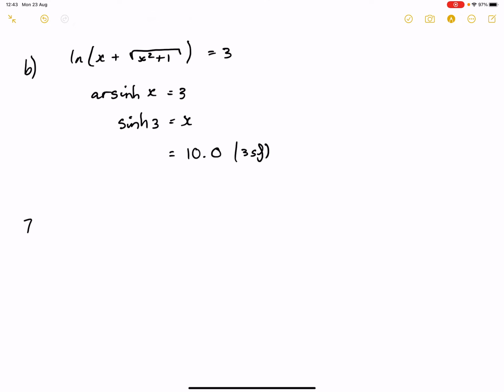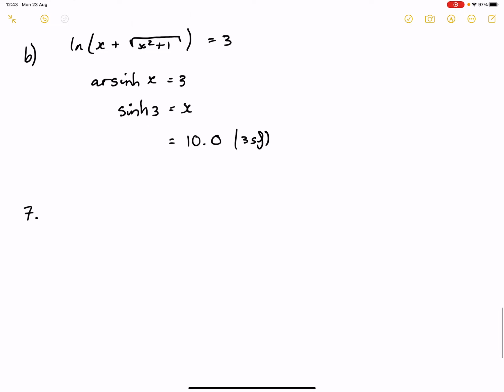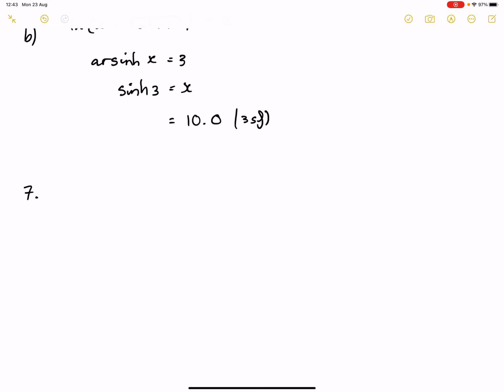Question 7. This will be the last question we'll do this video. Find two invariant points under the transformation given by 2, 1, 3, 4. And the way we're going to do that is we're going to pre-multiply x and y by that and make sure we get the same value as x and y on the other side.